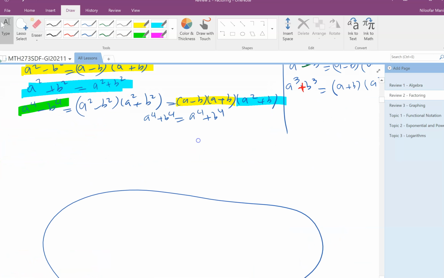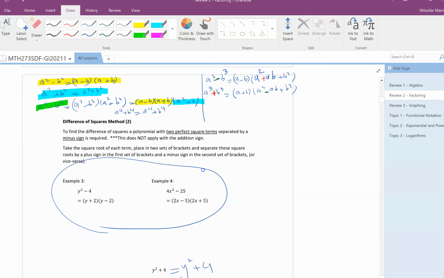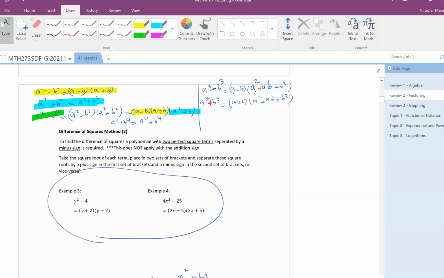Here the next part, I would like to talk about difference of squares factoring. When I see a squared minus b squared, it is a minus b multiplied by a plus b.